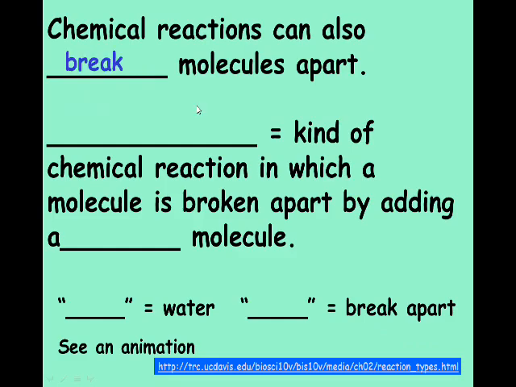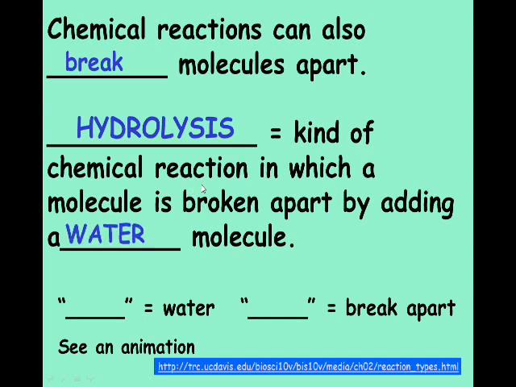Chemical reactions can also break molecules apart. And hydrolysis, there's that hydro word again, water, and lysis means to split or break something. So a reaction where we're breaking molecules apart, all we have to do is add the water back into the bond. So hydro, water, lysis means to split or break apart.